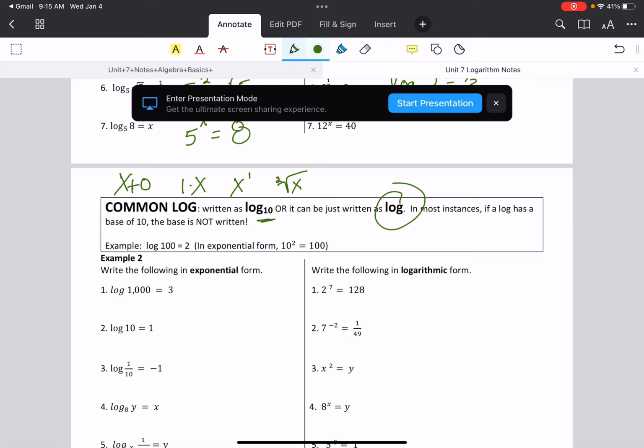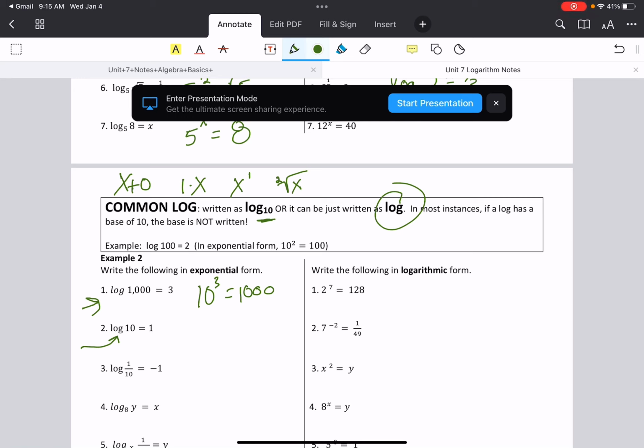So if I was going to rewrite this one in exponential form, what would the base of my exponent be, even though I don't see anything on the log? 10. Good. 10 cubed. Yep. Okay, this one has an invisible log, right?